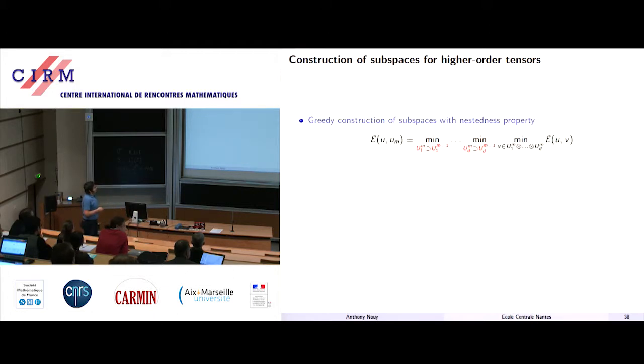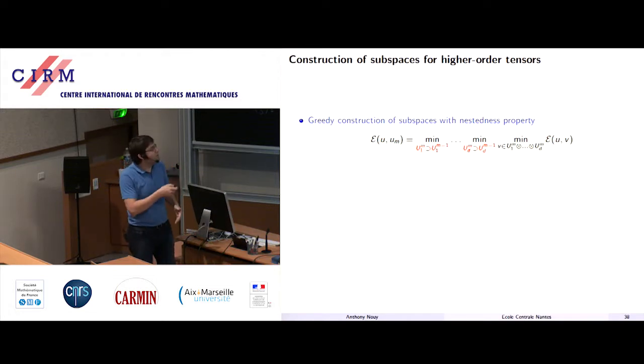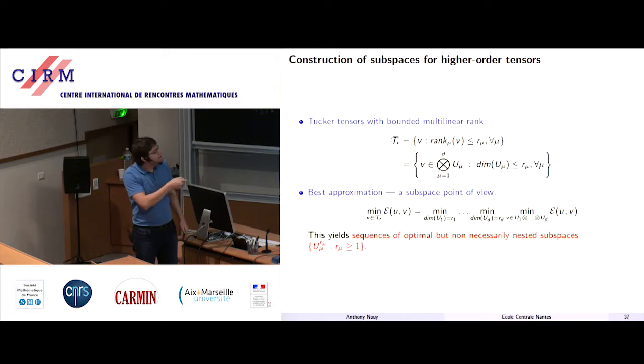Now, based on the same principle as before, you can try to construct these subspaces in a greedy way by imposing this nestedness property, because you lose it in the general framework, but you can impose it in the construction and be greedy in the construction of all these spaces in this parametrization.